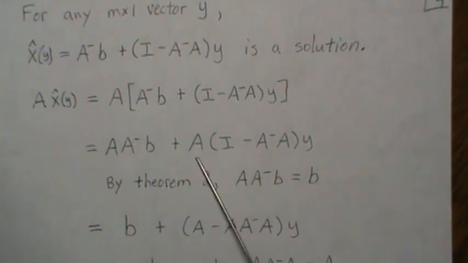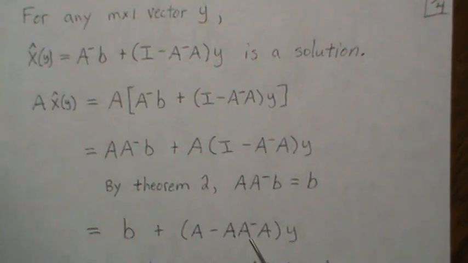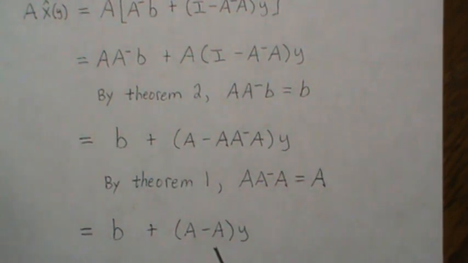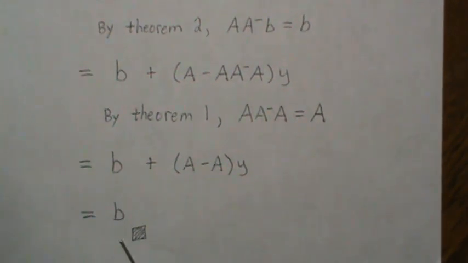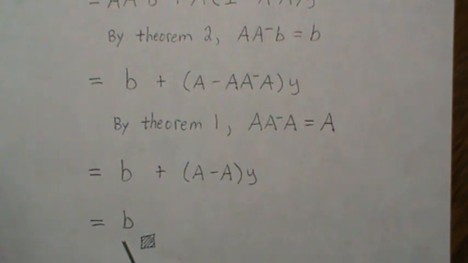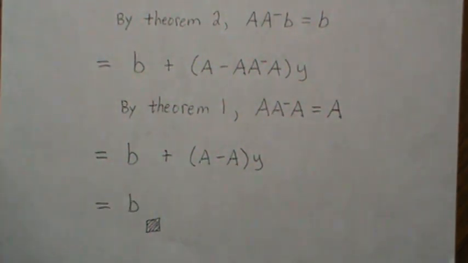Then we multiply the A into this. Since it's a generalized inverse, we know this property holds, so we get A minus A. But that's 0, so this goes away, and we get B. That says that this is a solution to the system of equations, and our solution is not always unique.